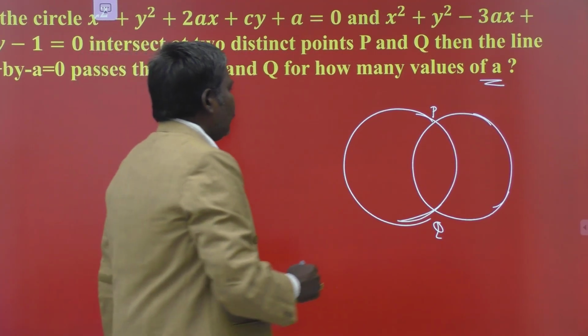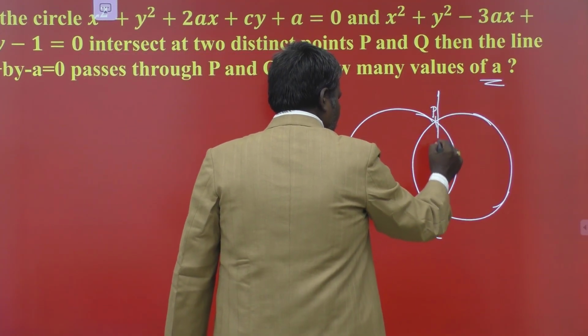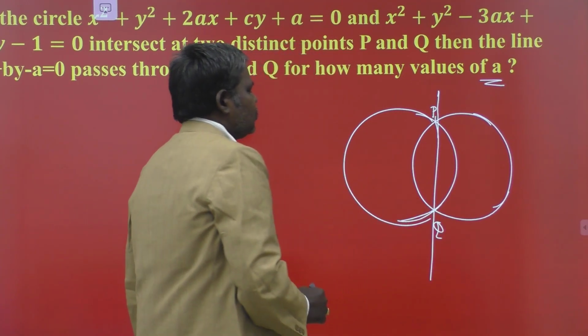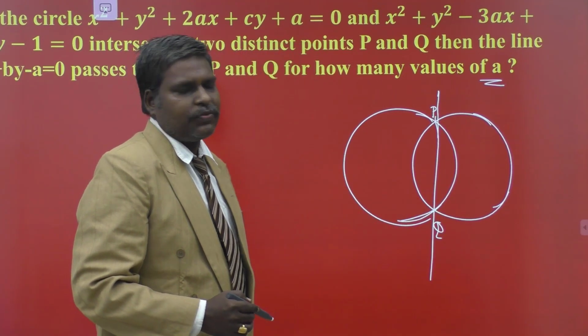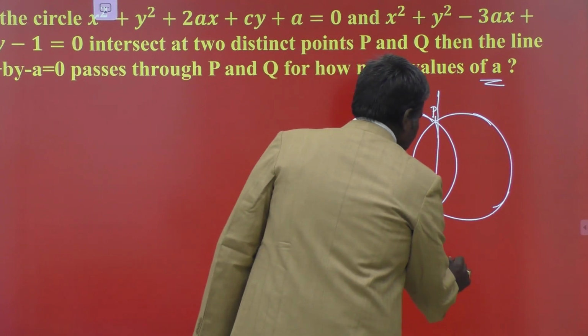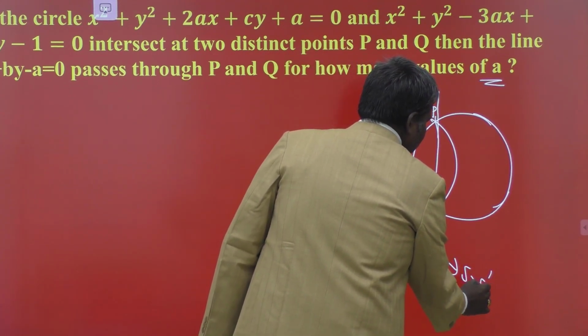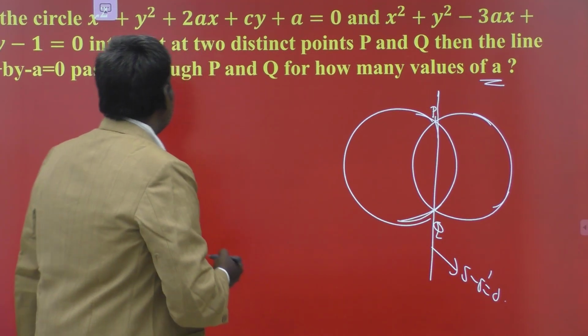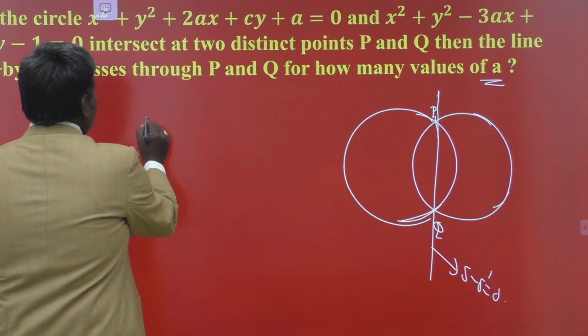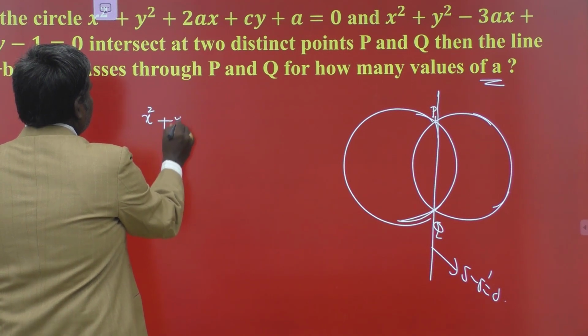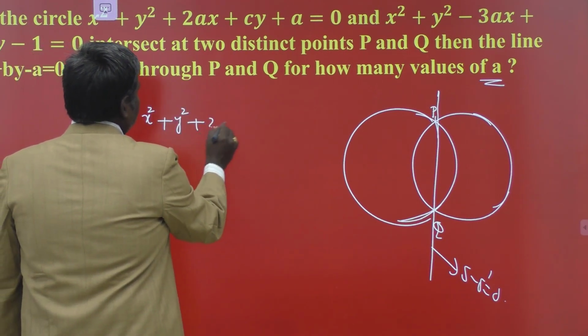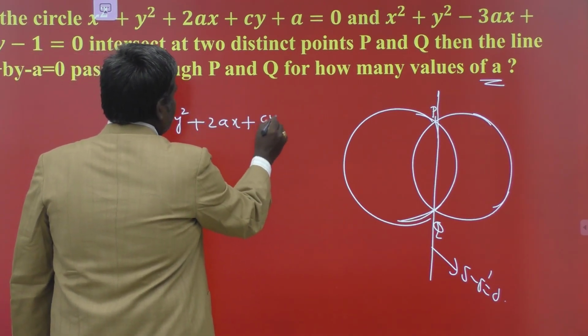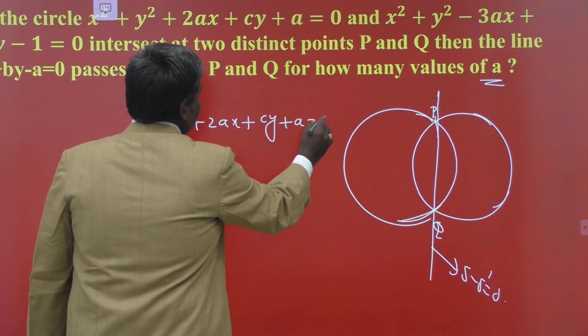How to obtain the equation of line PQ? That is nothing but the radical axis, S minus S dash equals 0. It is very easy: subtract one circle from the other. The first equation is x square plus y square plus 2ax plus cy plus a equal to 0.